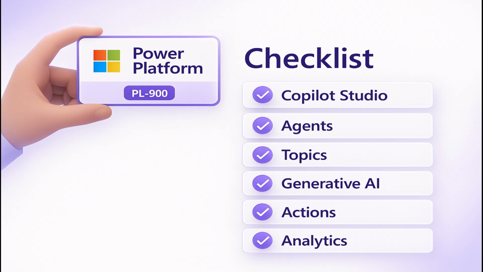Data connection is access to Dataverse, APIs, and etc. Agents can be deployed across Teams, web, and apps. Unified authoring canvas is the new design experience. And the last one is AI driven natural conversation is a core feature. So if you understand these fundamentals, you are ready for the exam questions.